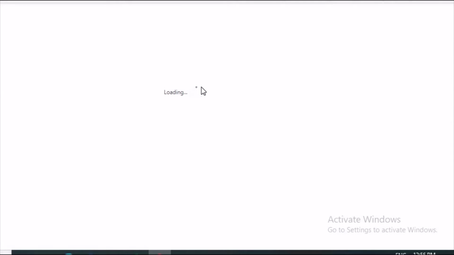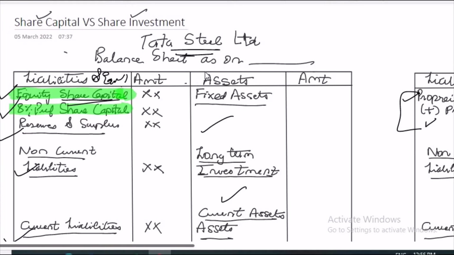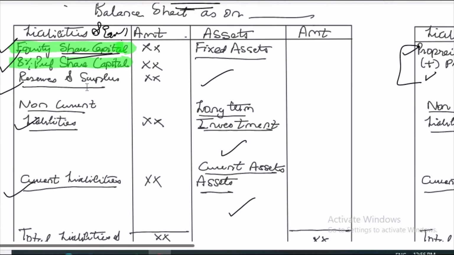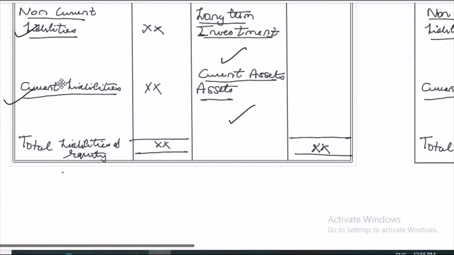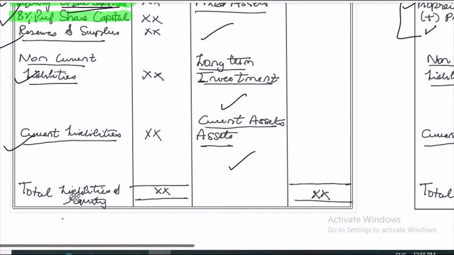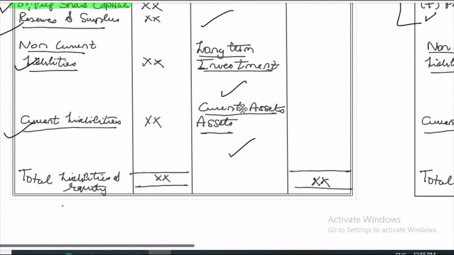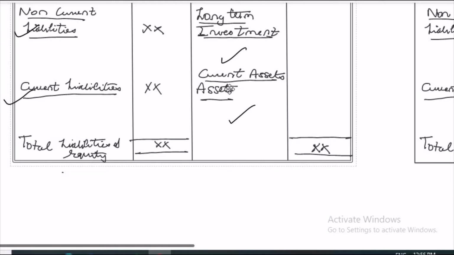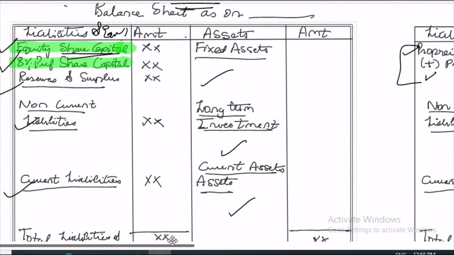The share capital versus shareholders' share investment. Tata Steel: equity share capital, 8% preference share, reserves and surplus, non-current liabilities, current liabilities, total liabilities, fixed assets, long-term investments, current assets.